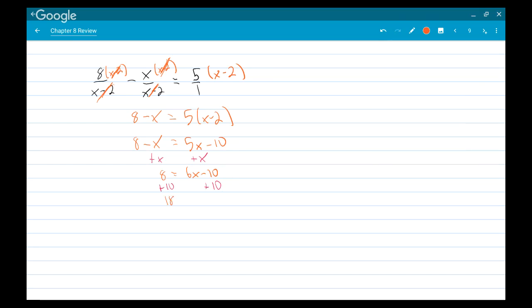I get 18 equals 6x, divided by 6, x equals 3. And we could go ahead and check our answer if we really wanted to. We've got 8 over 3 minus 2, so that would be 8 over 1. 3 over 3 minus 2, that'd be 3 over 1. So 8 over 1 minus 3 over 1 is 5 over 1.